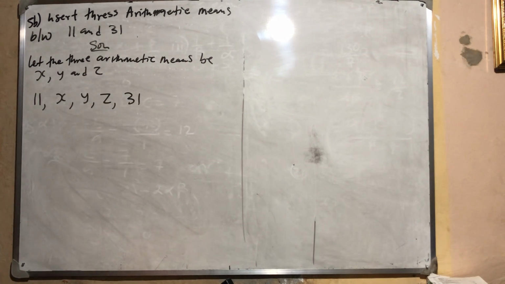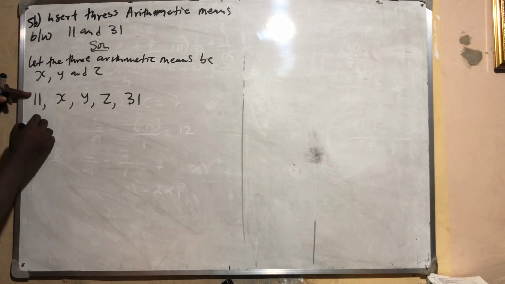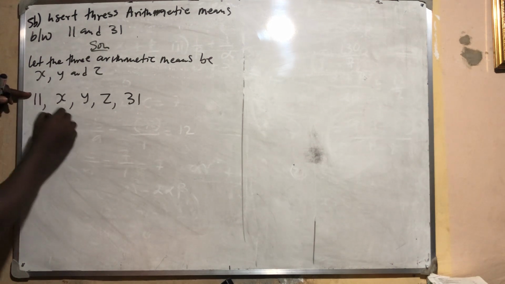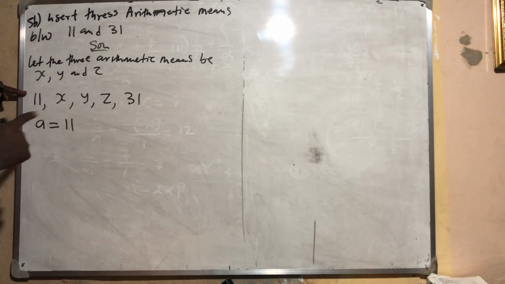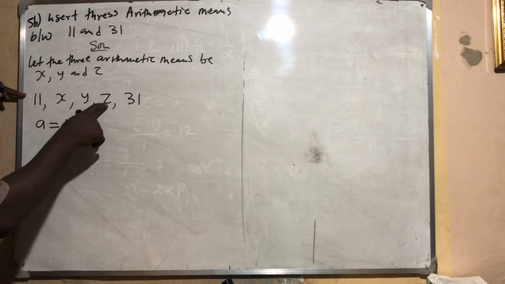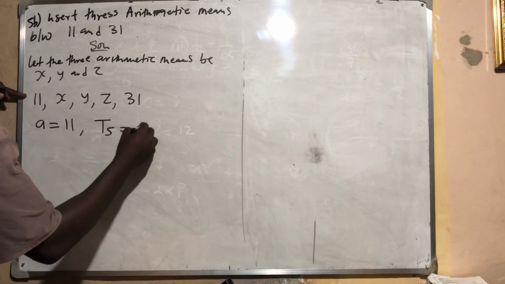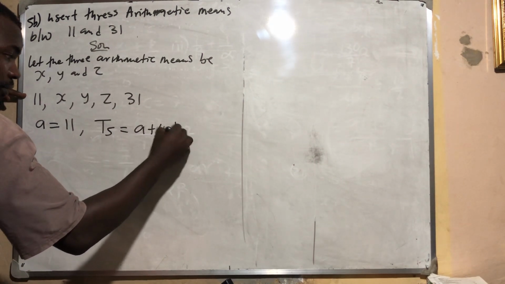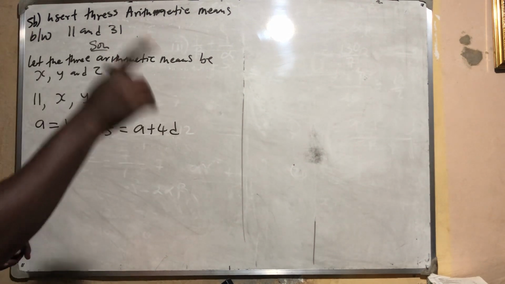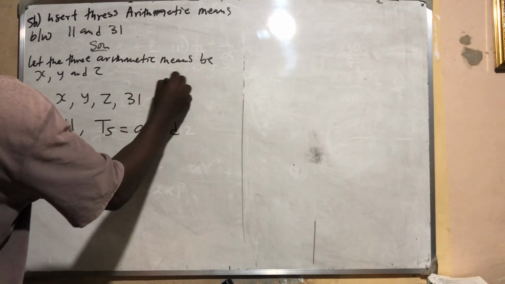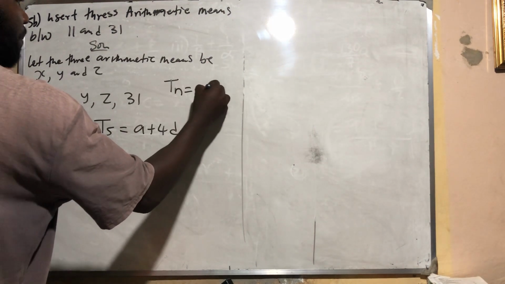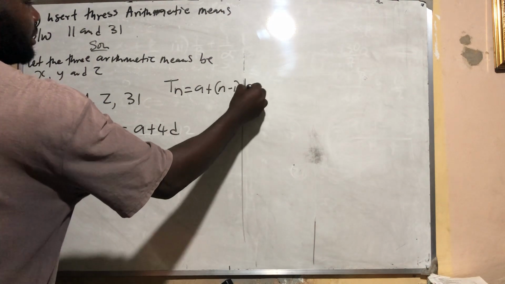All right. So now what does it mean? You know that in an arithmetic progression, the first term is a. A is the first term, which is 11. So count the last one you are seeing: 1, 2, 3, 4, 5. So it means that the fifth term, and the formula for the fifth term is a plus 4d. Formula for 10th term is a plus 9d, because formula for nth term is a plus n minus 1 bracket d.